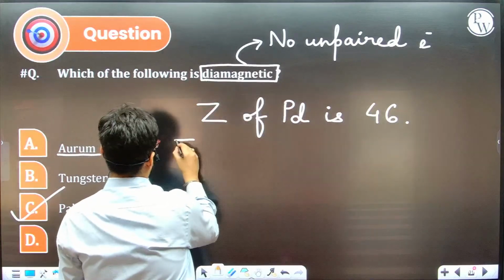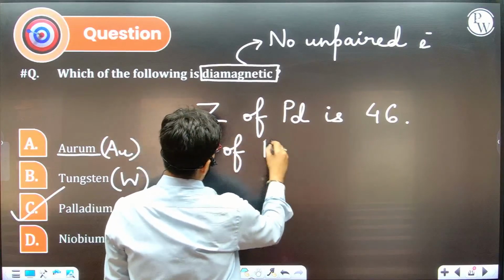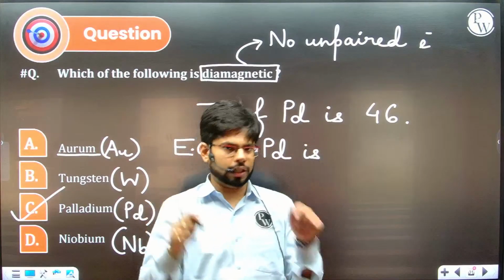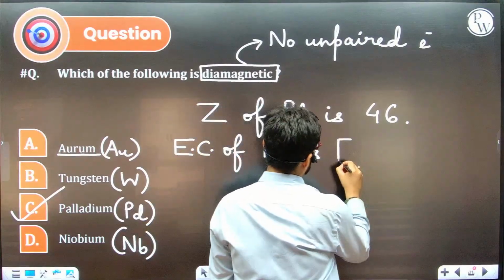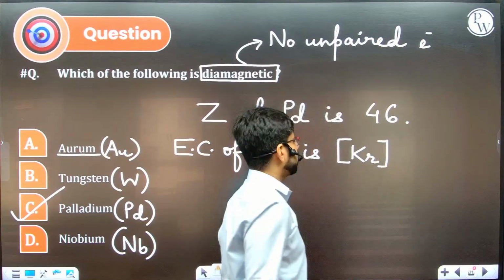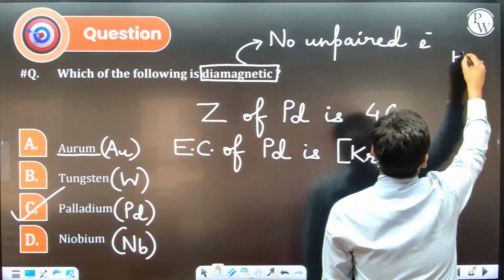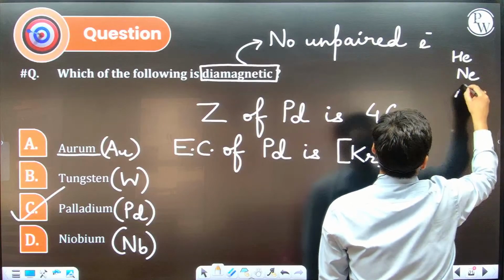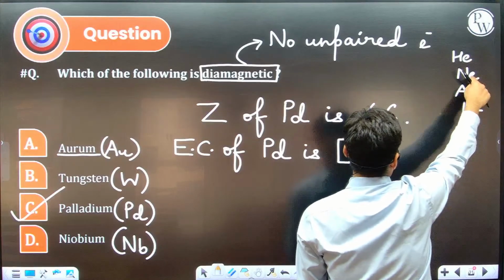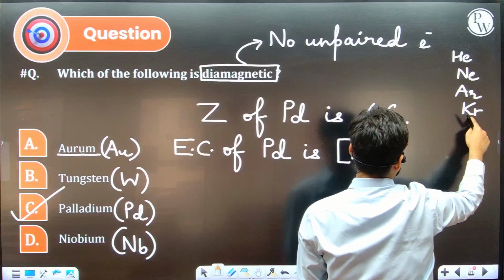So the electronic configuration of Pd will be, if I am interested in writing the condensed electronic configuration, then the nearest inert gas is krypton. The atomic number of krypton is 36. Now, helium, neon, argon, krypton: 1s2, 2s2, 2p6, 3s2, 3p6, 4s2, 4p6.